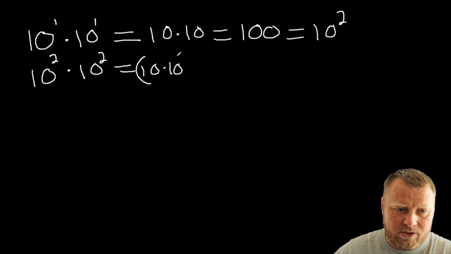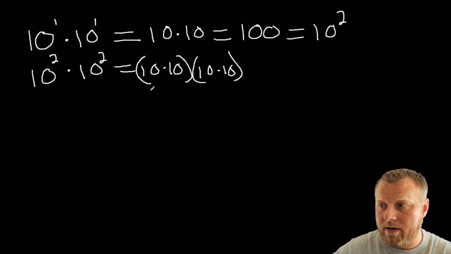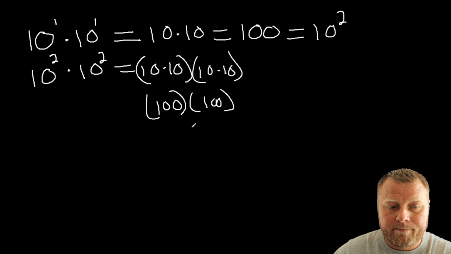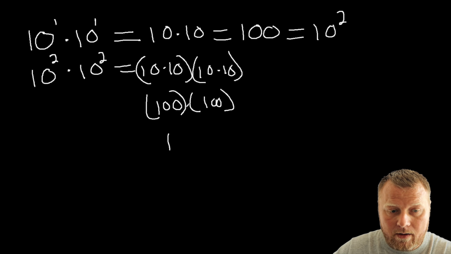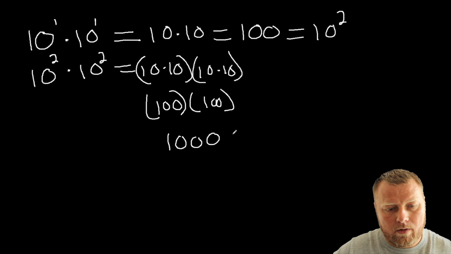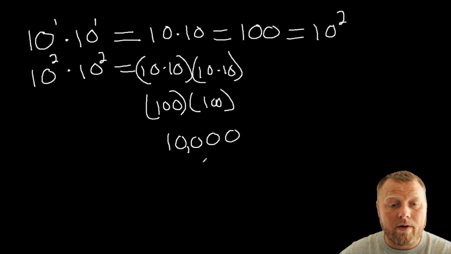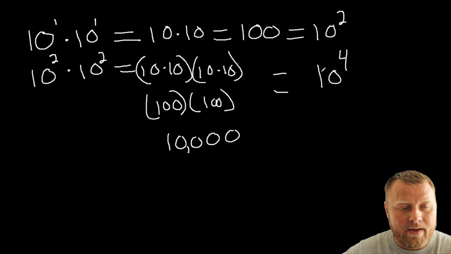The second 10 squared is 10 times 10, which I'm going to move downward. 10 times 10 is 100, and 10 times 10 is 100, and 100 times 100 is 10,000, which is equal to 10 to the fourth power.